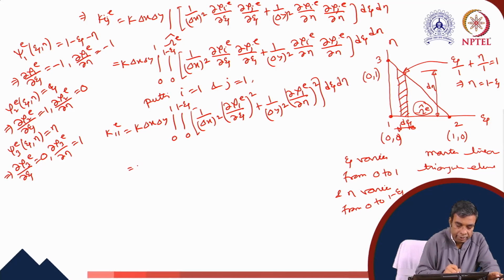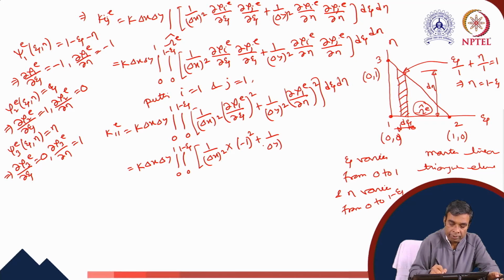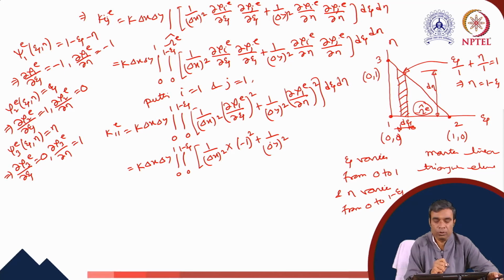So this is k delta x delta y integration 0 to 1 integration 0 to 1 minus xi, 1 by delta x whole square times minus 1 whole square, plus 1 by delta y whole square times del psi 1e del eta, which is also minus 1, whole square.